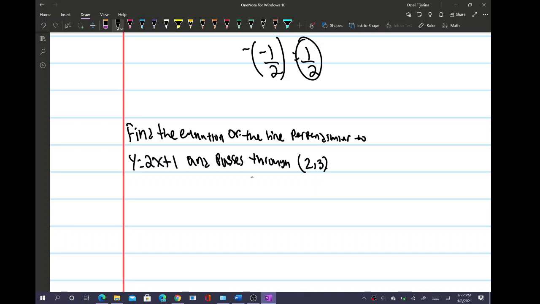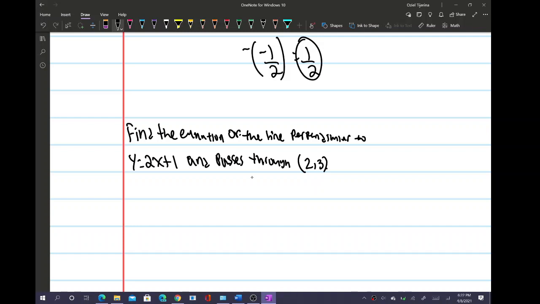It takes practice. So here you have, find the equation of the line perpendicular to y equals 2x plus 1 and passes through (2, 3).